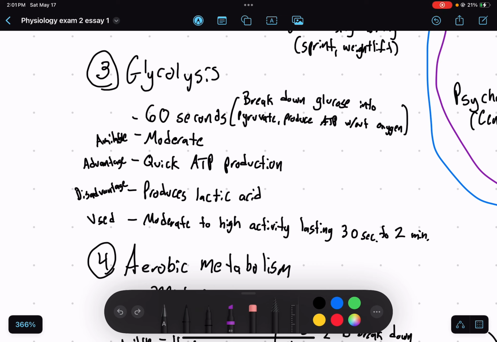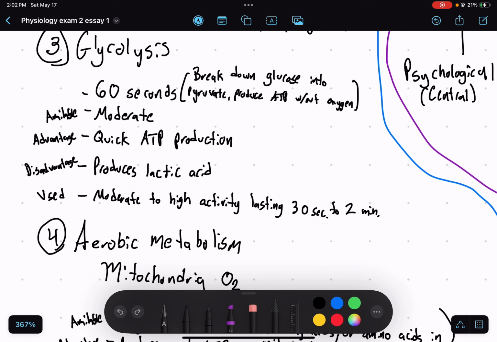One of the disadvantages is it produces lactic acid, which then just gets stored later, so it's not continual. It's just producing the lactic acid, causing your body to have more molecules in the body, which then have to be transferred elsewhere.